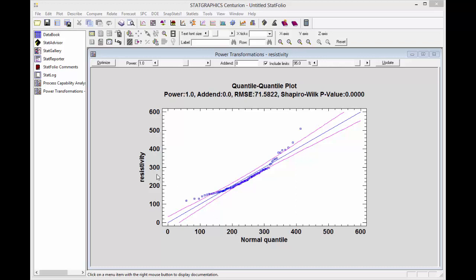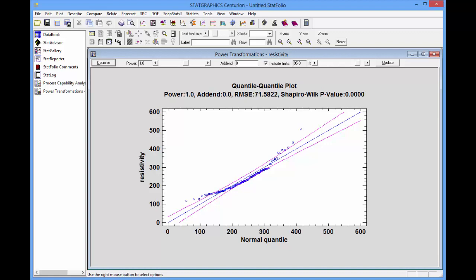If in fact resistivity followed a normal distribution, the points plotted on this graph should fall approximately along a diagonal line. 95% limits have also been added to help you judge whether the points are sufficiently close to the line, so you could decide whether or not to assume a normal distribution.